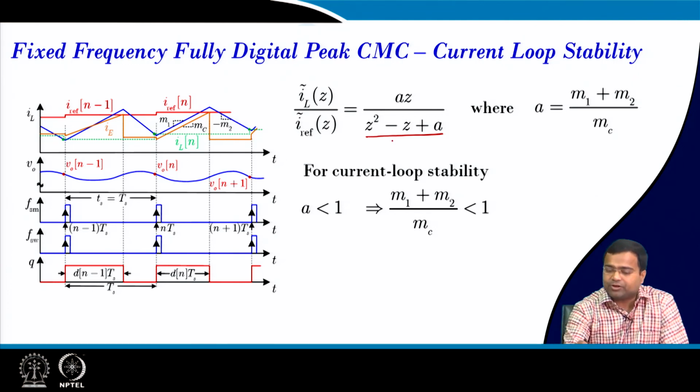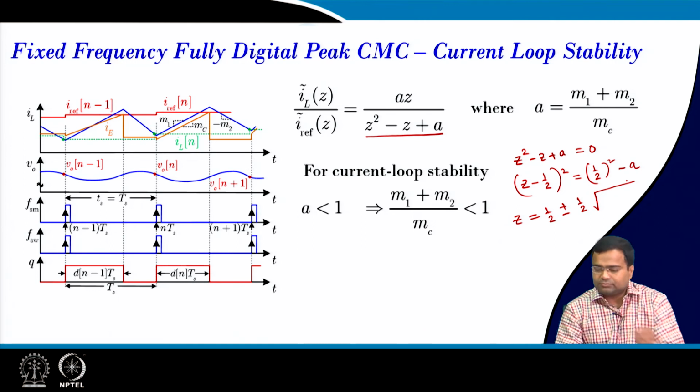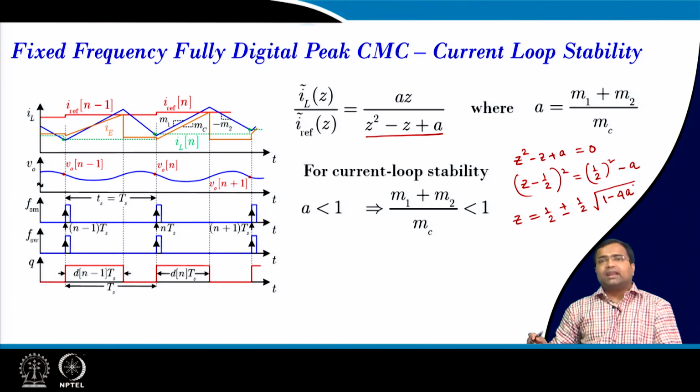It can be easily proved, because if I write Z square minus Z plus A equal to 0, I can write (Z minus half) whole square is equal to (1 by 2) square minus A. So I can write Z equal to 1 by 2 plus minus, if I take half common, root of 1 minus 4A, correct?